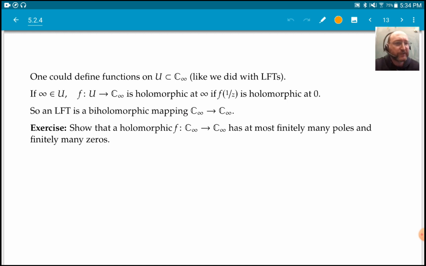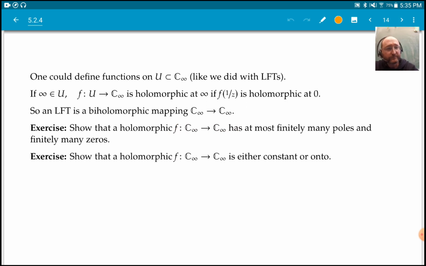All right. Now, a couple of exercises, actually four exercises. First, show that a holomorphic function with poles, but now valued in C infinity and defined on C infinity, so taking the Riemann sphere to the Riemann sphere, has at most finitely many poles and finitely many zeros.